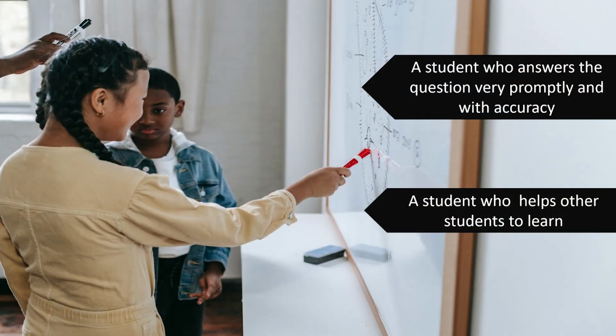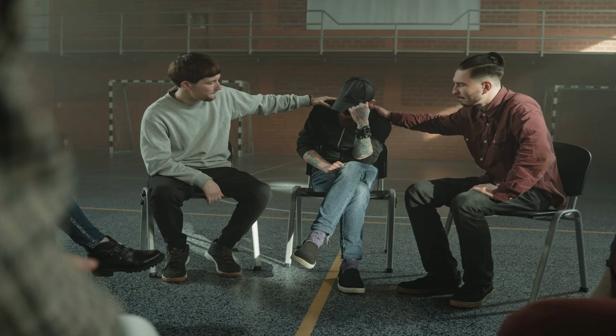Then there is a student who answers the question very promptly and with accuracy, a student who helps other students to learn. We know that a feeling of empathy is very important, not only for teachers but also for students, because after all, human beings are social animals. They have to depend on each other and learn from each other.